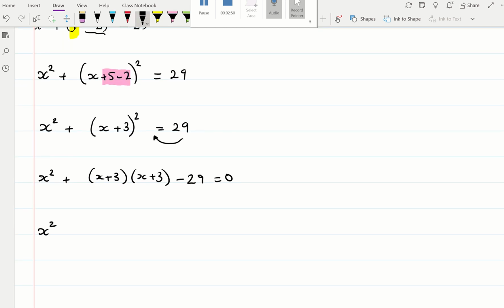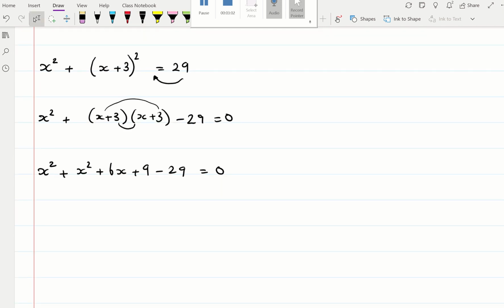And I'm going to multiply out the brackets. So x squared, then plus 3x, plus 3x is plus 6x, 3 times 3 is 9, minus 29 equals 0. I now have my like terms, so that's 2x squared plus 6x, and 9 take away 29 is negative 20.